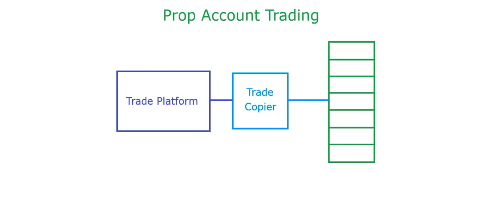So let's say I'm on the NT8 platform. I'm running NT8 and I want to copy out to a range of accounts. Maybe I want to trade Take Profit Trader accounts, maybe some Trade Day accounts or Apex.